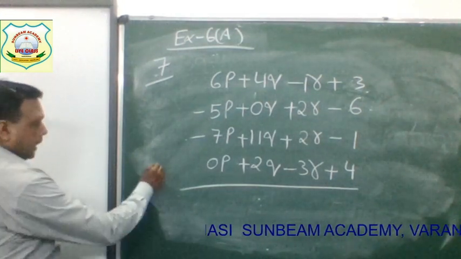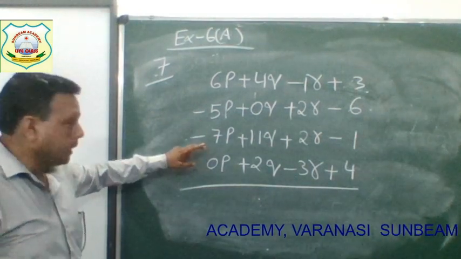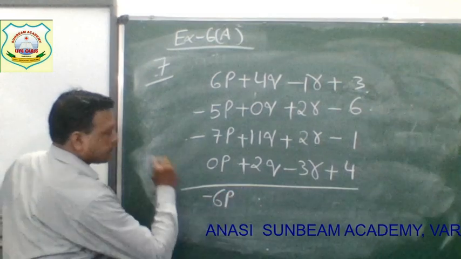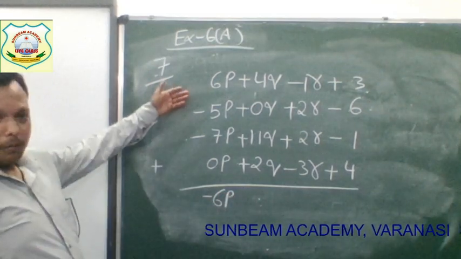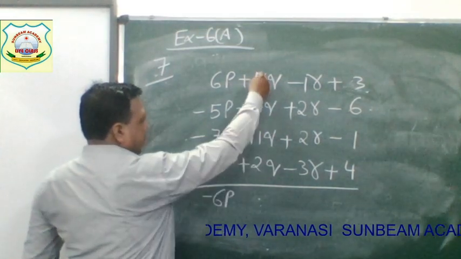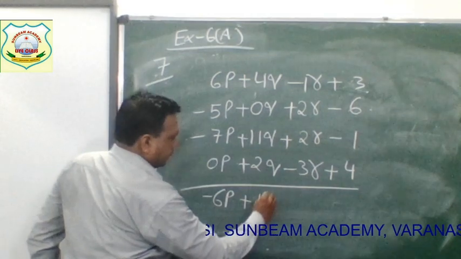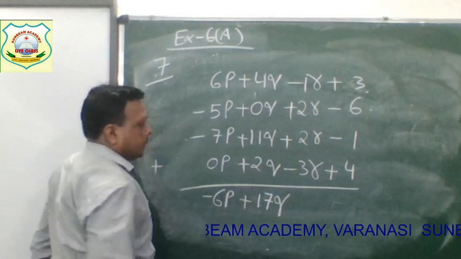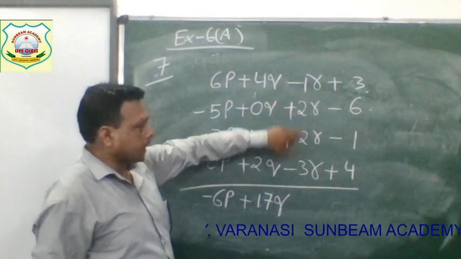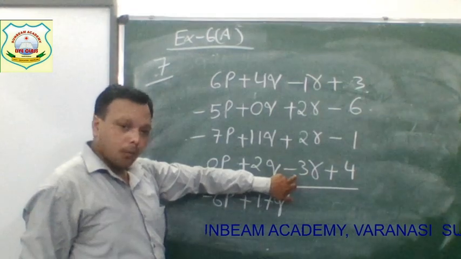Now we are going to add them. 6p minus 5p minus 7p minus 12p plus 6p, then minus 6p because minus is greater, and 12 minus 6, always 6 will come. 11 plus 4 is 15, 15 plus 2 is 17q. Here minus 1r plus 2r plus 2r, that is 4r, and minus 1r minus 3r, that is minus 4r.